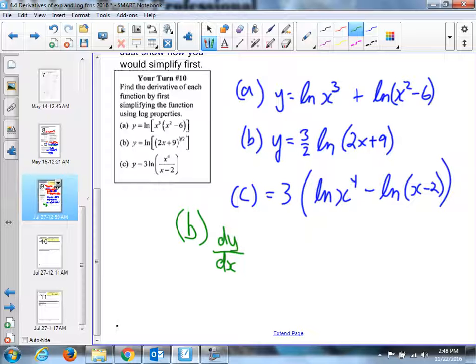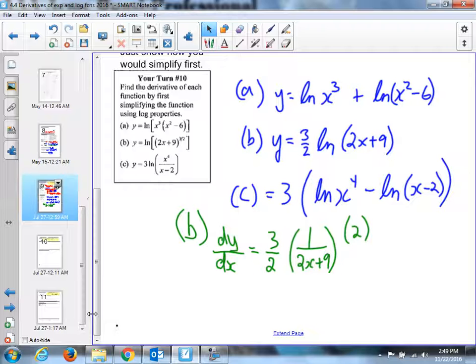Just like if you had 2x cubed, the derivative is 2 times 3x squared, right? You just do it and you say it's 6. So here, I'm going to just keep it as 3 halves. That's the number. Then the derivative, because of the natural log, is 1 over 2x plus 9, times, now we're doing the chain rule, the inside's derivative 2. And from there, you could simplify the 2's cancel top and bottom, and you just have 2x plus 9 on the denominator.